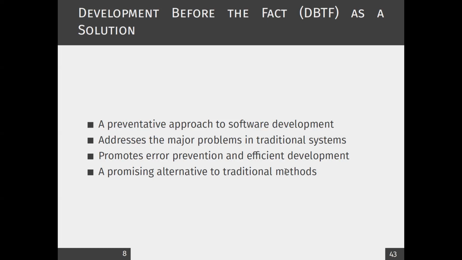It promotes error prevention, and it also promotes efficient development. So in the first place it will prevent the errors, and then it may lead to efficient development. So this is one alternative to traditional methods. Actually, recent approaches go along this way.